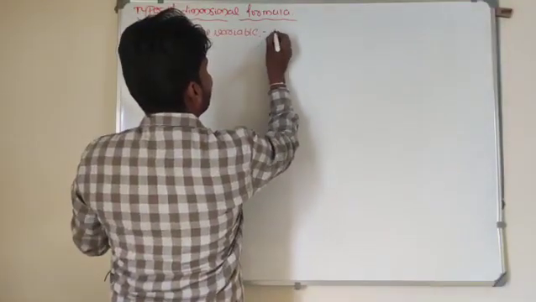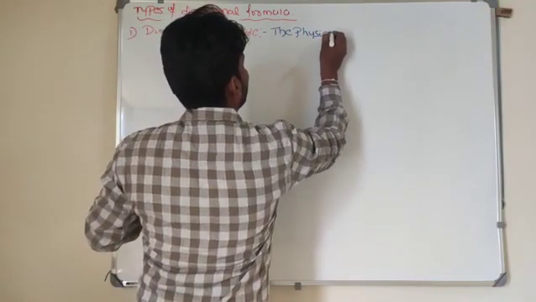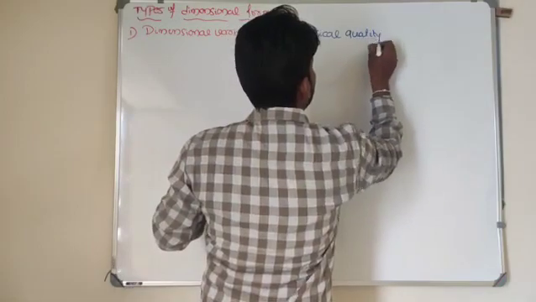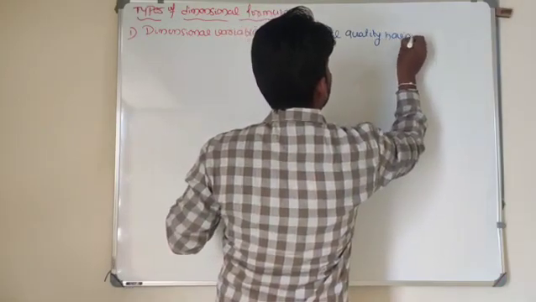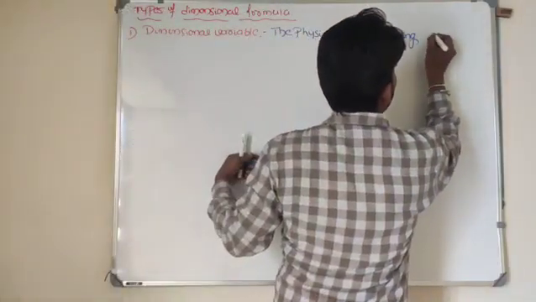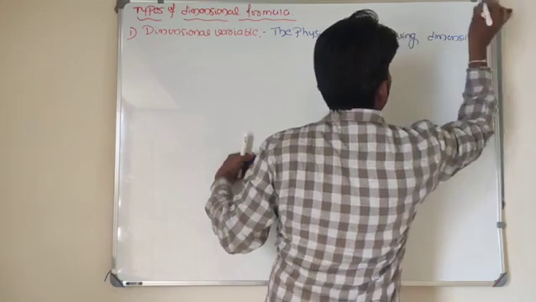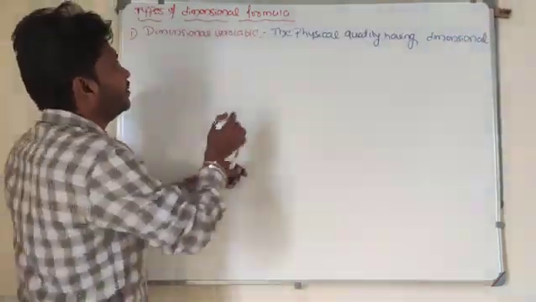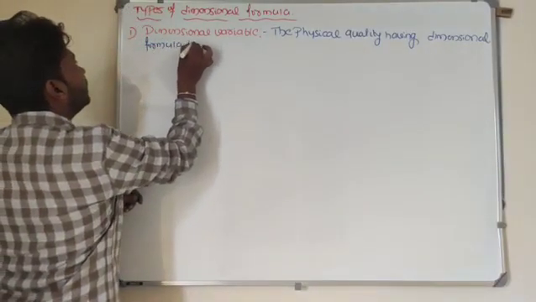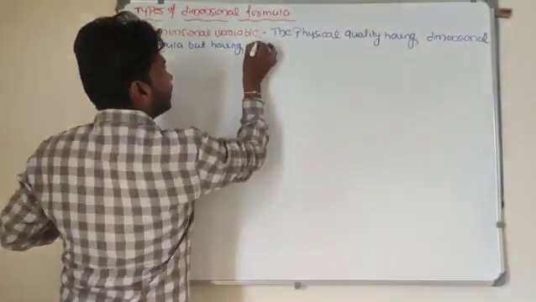So what are dimensional variables? The physical quantity having dimensional formula, but having different values.